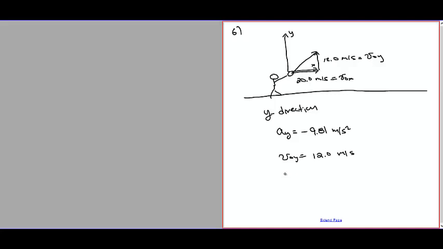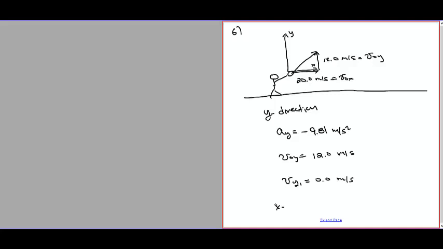And the first part of the question asks us how much time is required for the football to reach the highest point of the trajectory. So at the highest point, I'll call it Vy1, this is just zero. So anytime you get to the peak of your trajectory, your y component of velocity is 0.